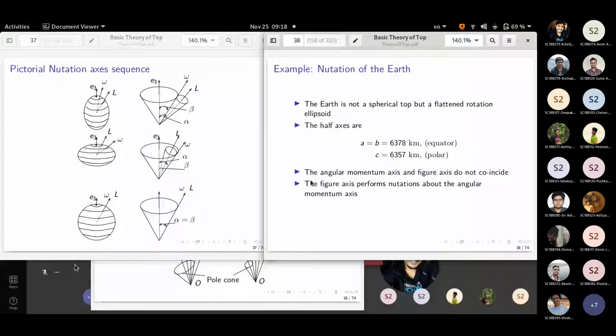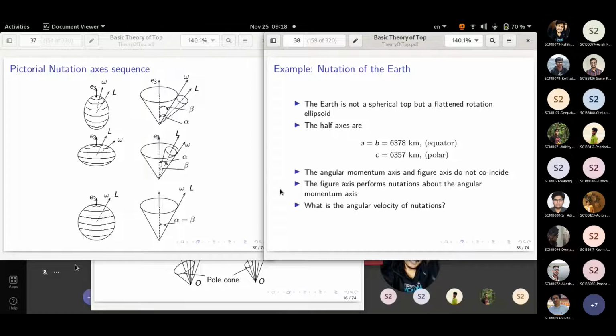Okay, sorry, I used the other word because these terminologies are used in reverse in different ways. So what we are talking about now is we are looking at this figure axis and how this figure axis and the angular momentum vector are rotating about each other. So the figure axis performs nutations about the angular momentum axis.